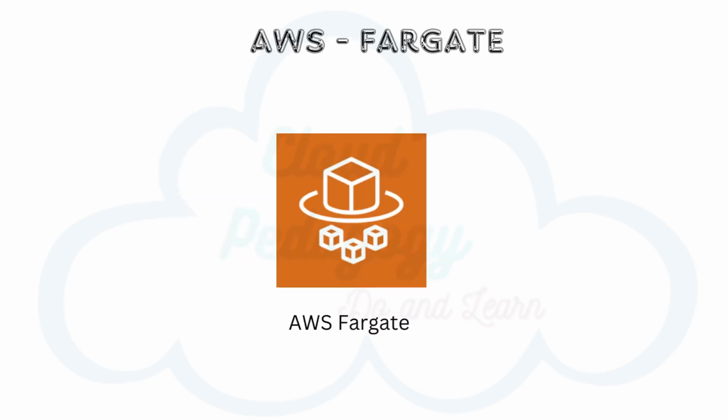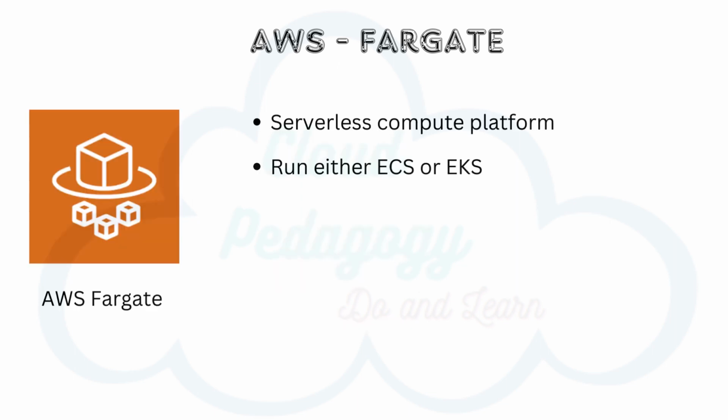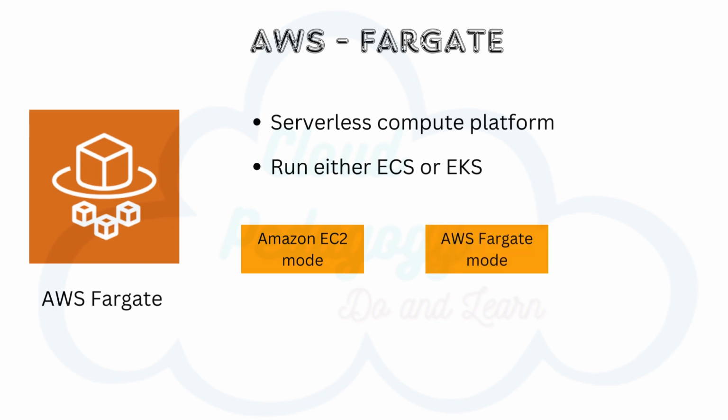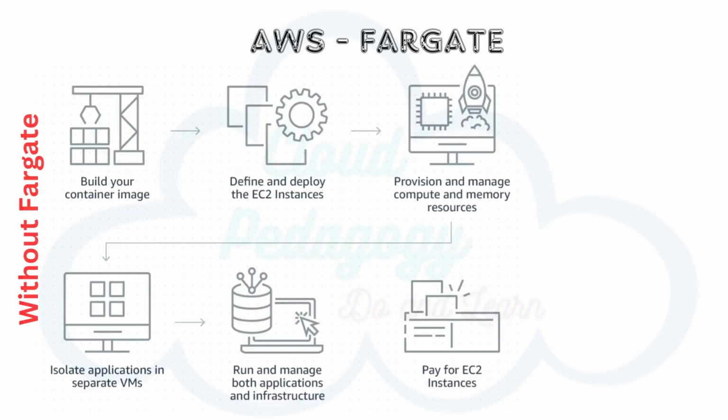Now we'll try to explore serverless containers with AWS Fargate. AWS Fargate, which we mentioned briefly earlier, is a serverless compute platform that you can run either ECS or EKS on top of. Amazon ECS and Amazon EKS enable you to run your containers in two modes. The one is Amazon EC2 mode, the other one is AWS Fargate mode.